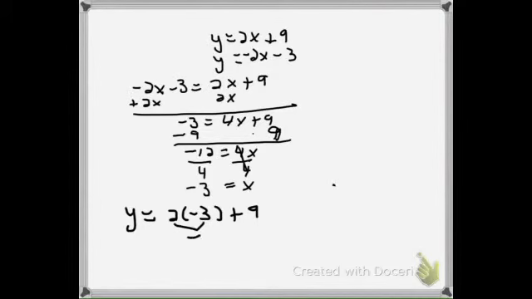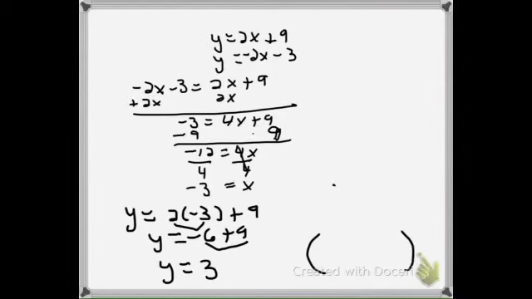This, of course, is negative 6 plus 9. And this is going to give me positive 3. I have to shrink that again. I'm running out of room. And so now y is equal to positive 3, which means my ordered pair is negative 3, comma, positive 3.